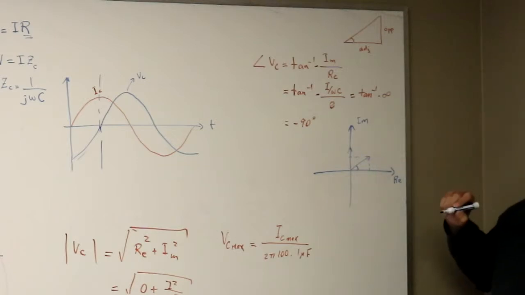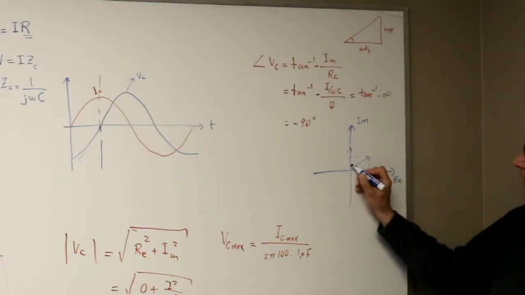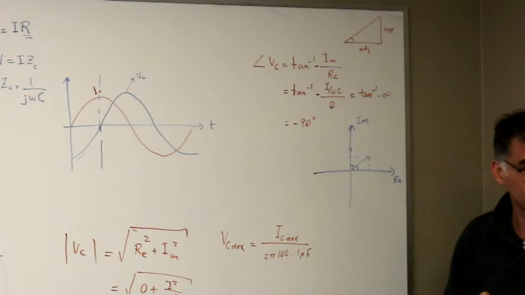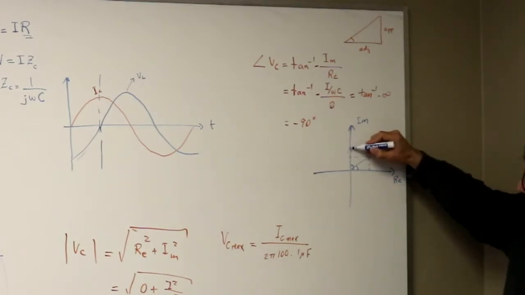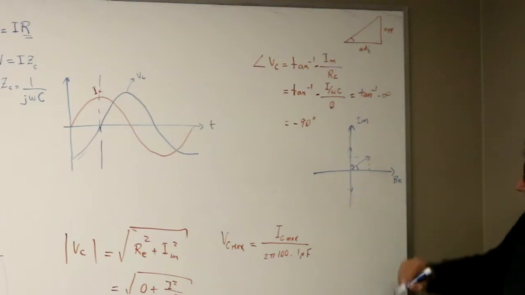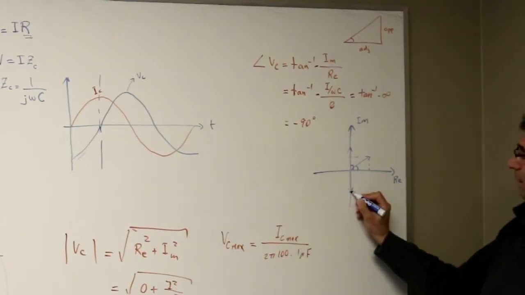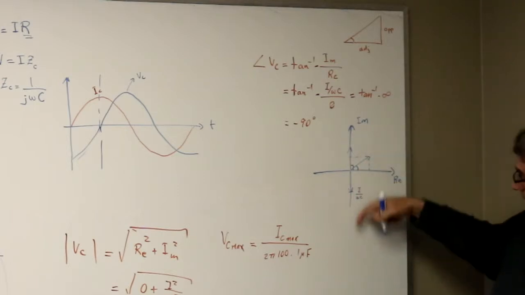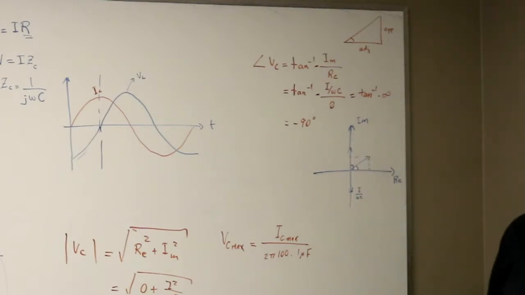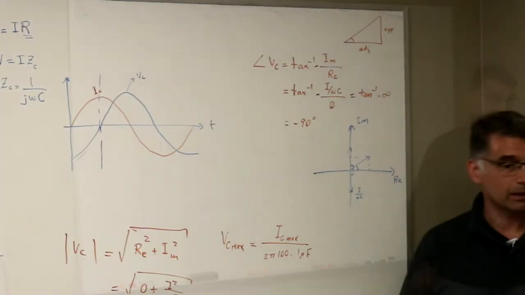I have only imaginary part, no real part, and the angle is 90. Okay. And when it's negative, the imaginary is actually this way. So in this case, the magnitude of this is I over omega c. It's only on the imaginary axis, and so the angle is negative 90.